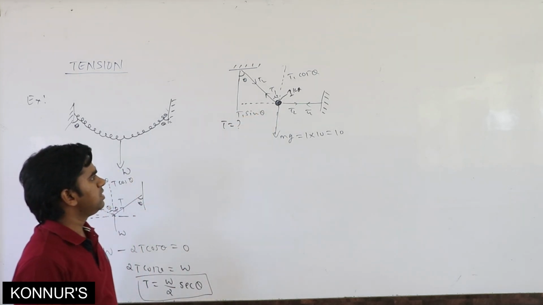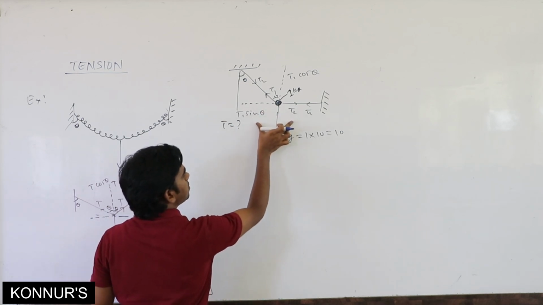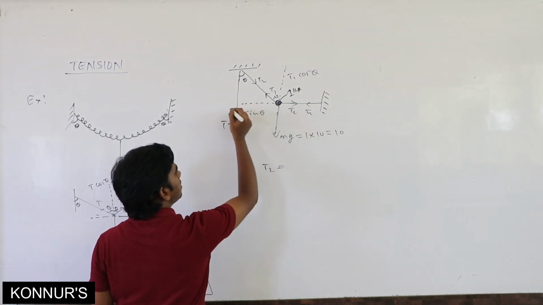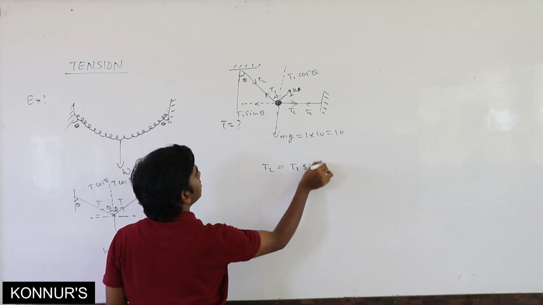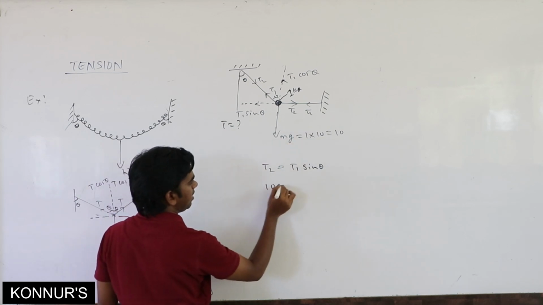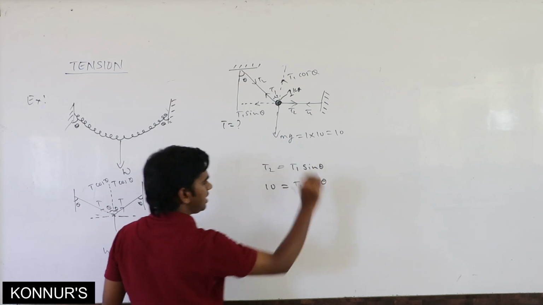Since it is in equilibrium, not moving, these two forces are equal. T2 equals T1 sin theta. In the downward direction 10 equals the upward direction T1 cos theta.